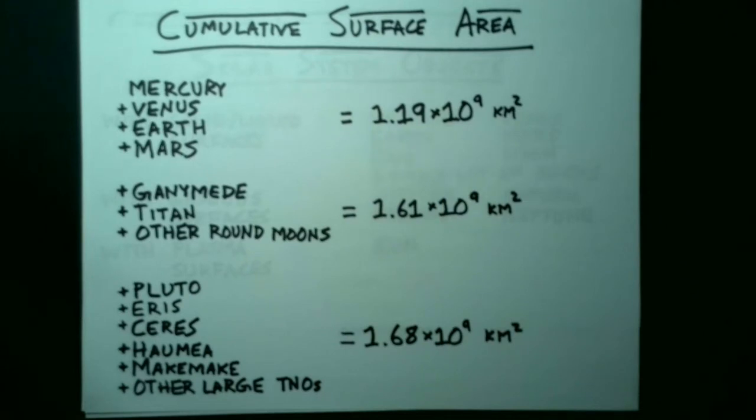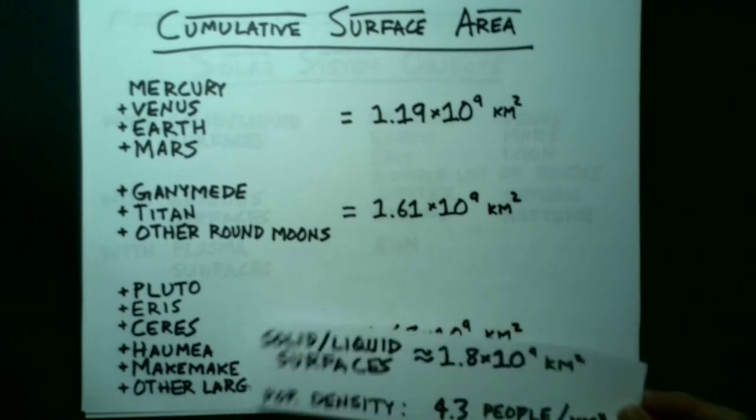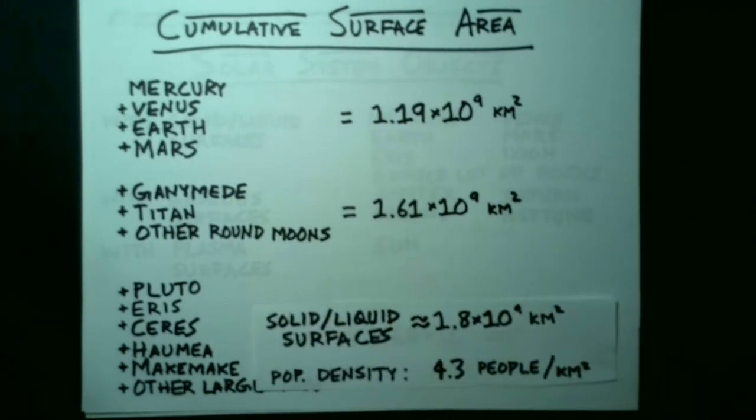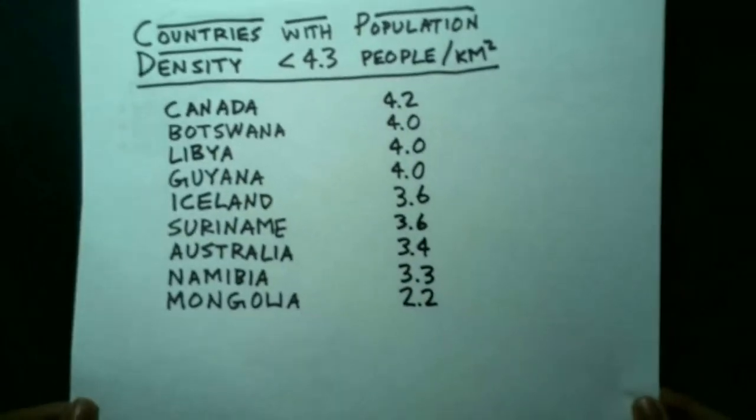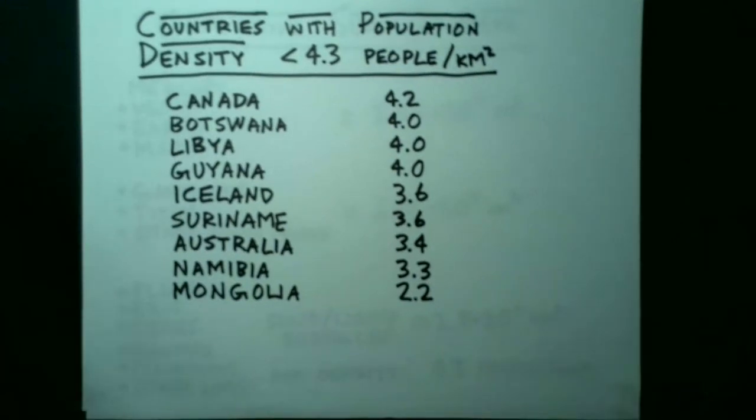Looking at the number of smaller solar system objects known, I'd estimate that 1.8 billion square kilometers is a fair upper bound for the total solid and liquid surface area of known objects of the solar system, which computes to a density of 4.3 people per square kilometer. And this quantity exceeds the density of 9 countries on that list.